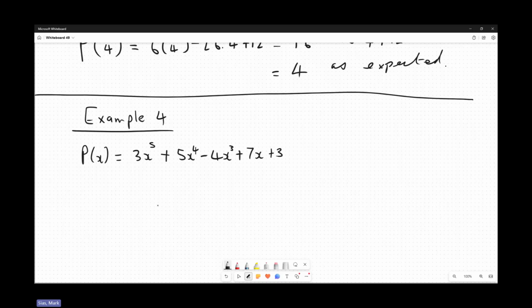It's an awkward looking function. And we will divide this by... okay, let me say, find the remainder.